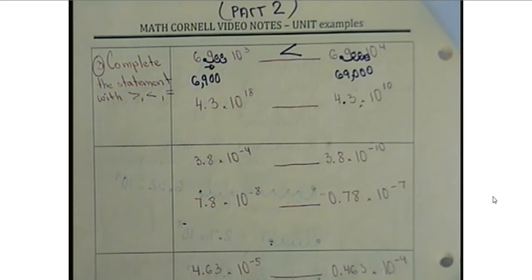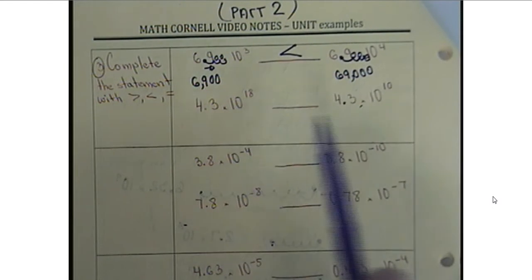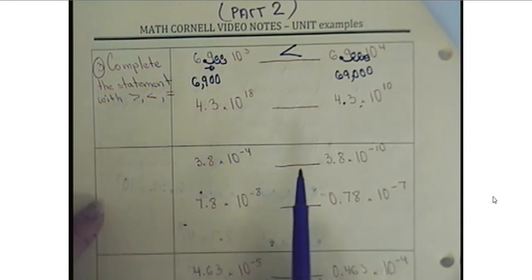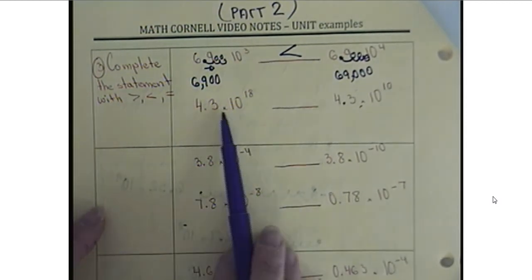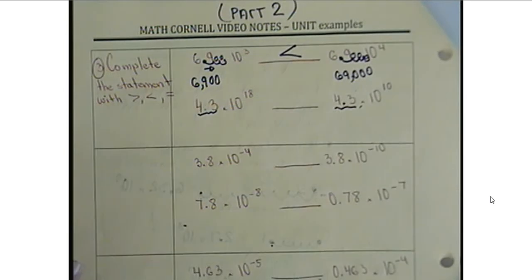Now, take a look at the second example. This one says 10 to the 18 and 10 to the 10. Well, those are big numbers, and we would have to move the decimal point 18 times. It looks like we don't have much room. So what I want you to do is compare the numbers. This one is 4.3 and this one is 4.3. They're exactly the same.